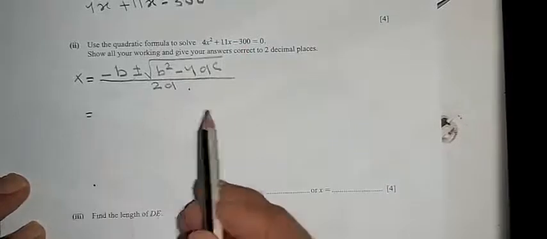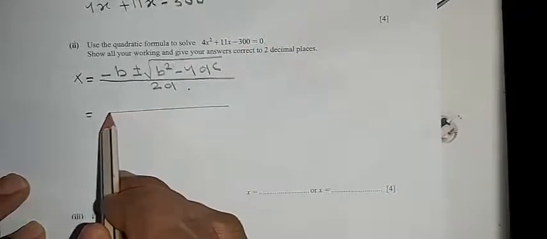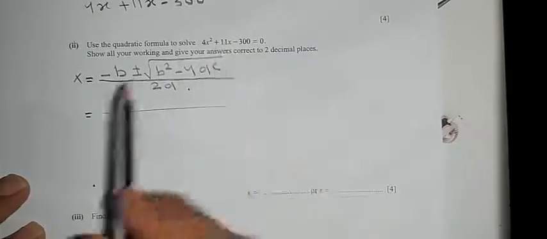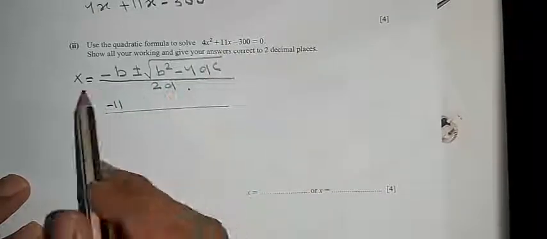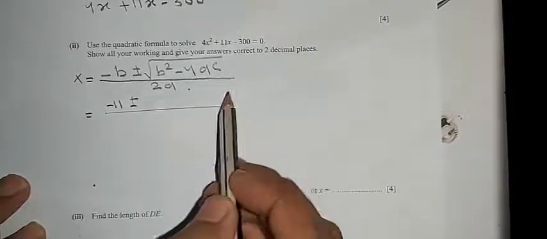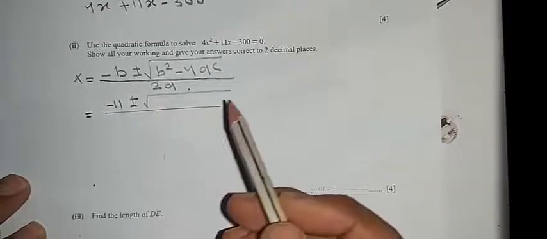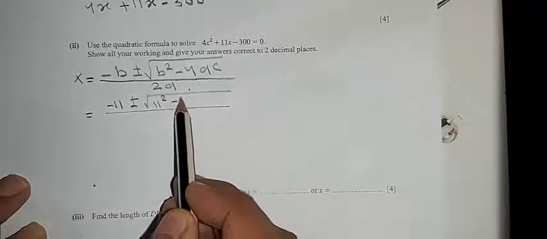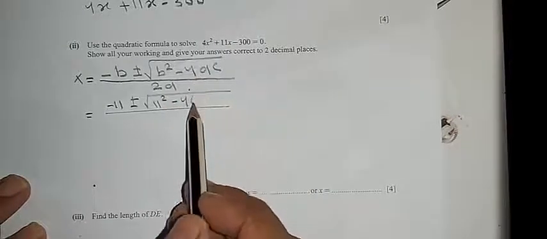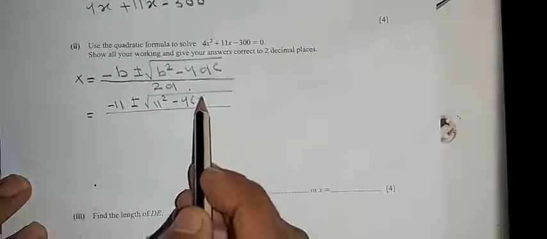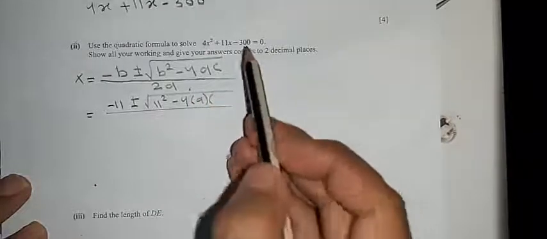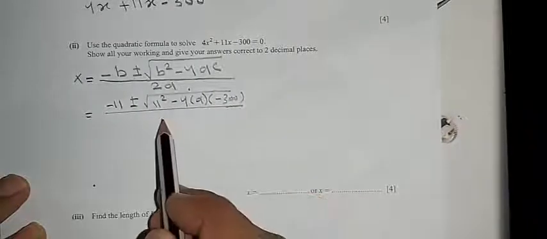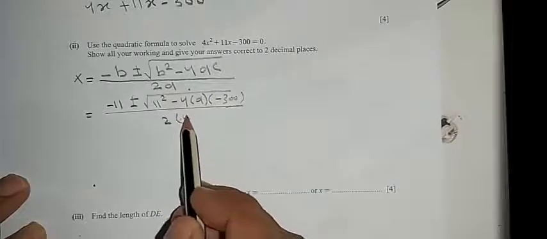We will substitute. Minus b is minus 11, plus or minus square root of 11 squared minus 4 times 4 times negative 300, over 2a, 2 times 4.